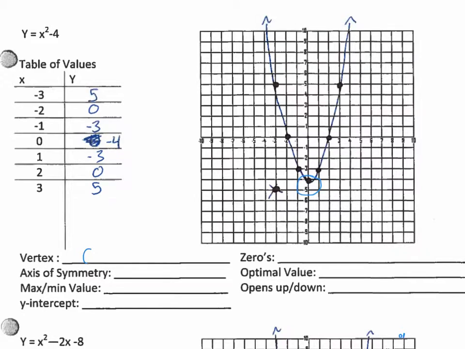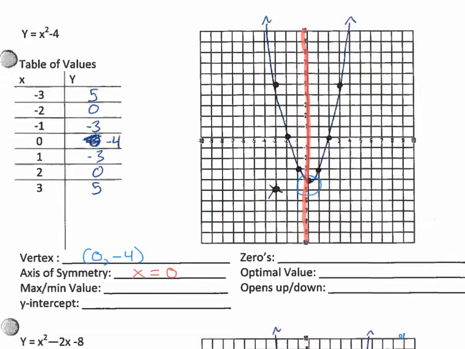The coordinates of this vertex are x equals 0 and y equals negative 4. Our axis of symmetry is another easy one to find because we know it passes through our vertex. So here is our axis of symmetry. The axis of symmetry for this parabola is the x value of the vertex, x equals 0.